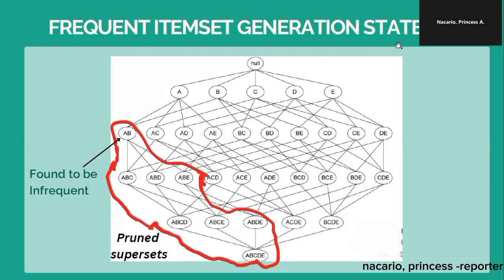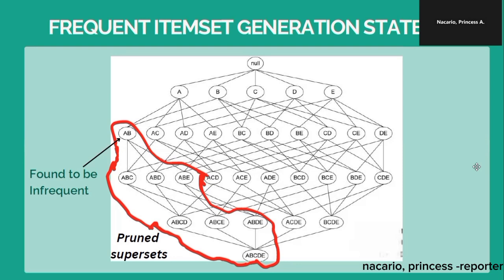In this slide, we're showing the strategy used to generate frequent item sets using the Apriori algorithm. As mentioned in the previous slide, we apply the Apriori principle, which means if an item set is infrequent, or does not appear often in the data, then all of its supersets can automatically be skipped or ignored. In this diagram, we can see the item set AB, which was identified as infrequent.